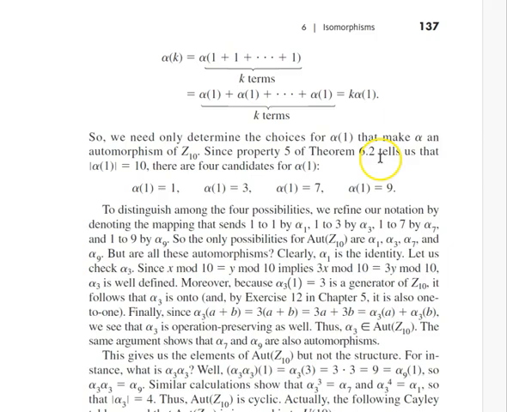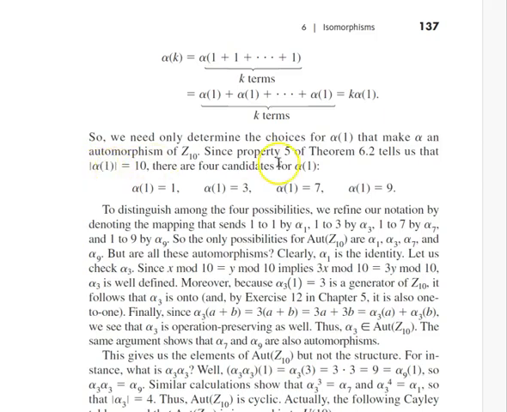Property 5 of theorem 6.2 tells us that the order of alpha of 1 must be equal to the order of 1, and the order of 1 in this group is 10 because 1 is a generator.